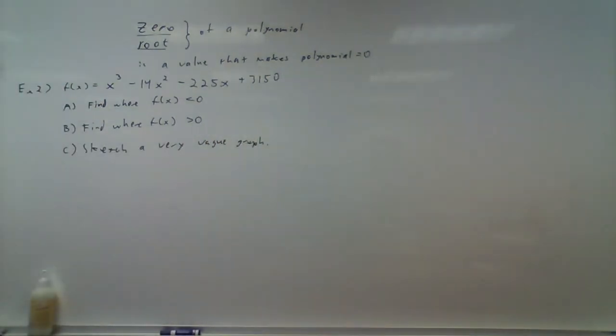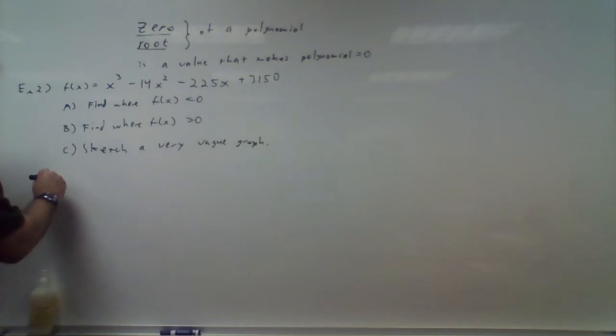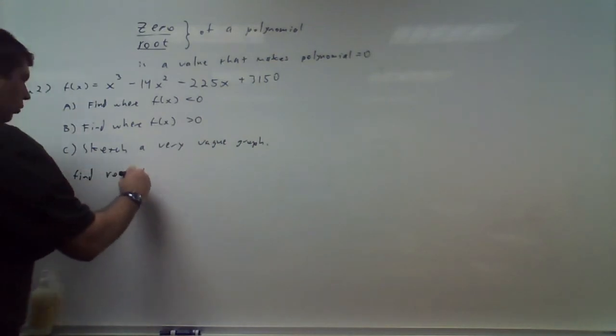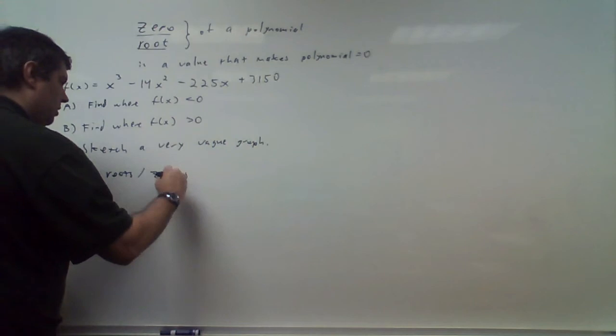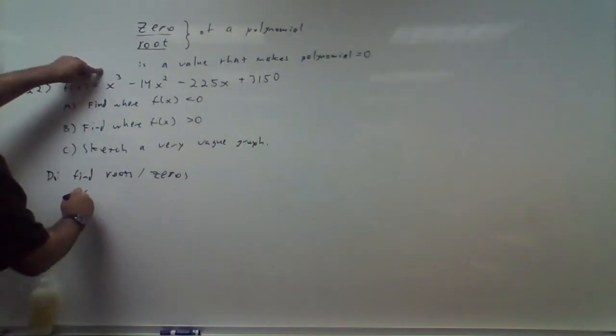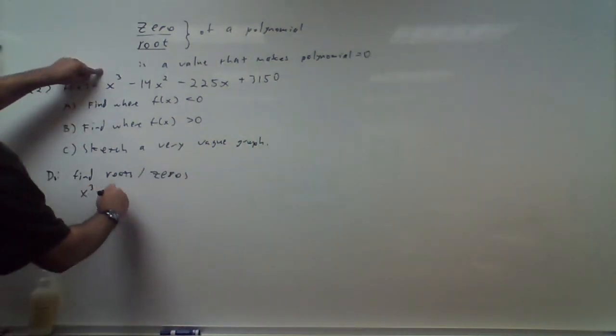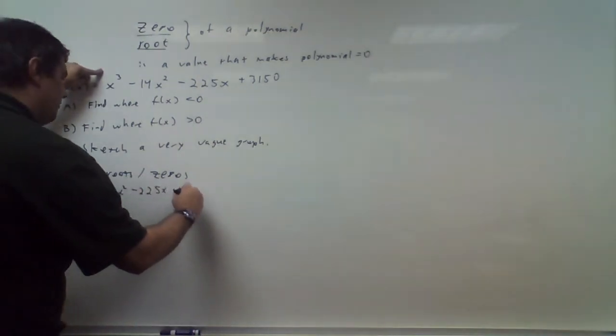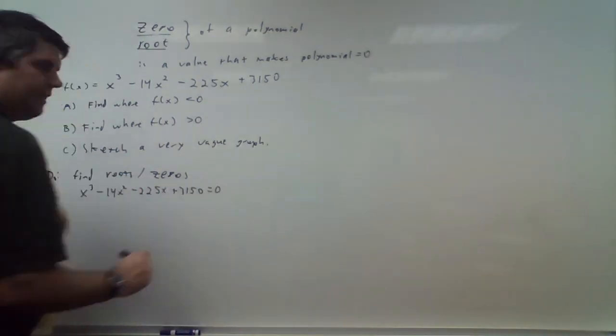Now, the problem doesn't specifically say so, but before you can do any of these, you got to find the zeros. Find roots or zeros. Two words that mean the same thing. So we need to solve x cubed minus 14x squared minus 225x plus 3150 equals 0.